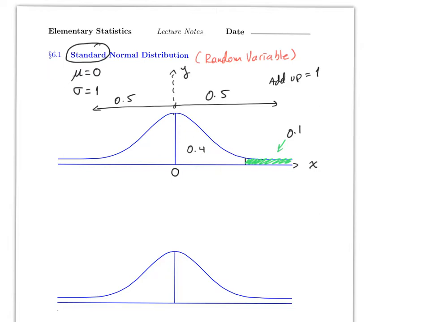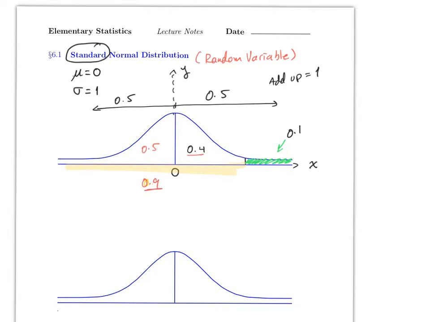More importantly, that means that from here to here, all of this has to be 0.9. Why? Well, this is 0.5 plus 0.4, it will give you 0.9.